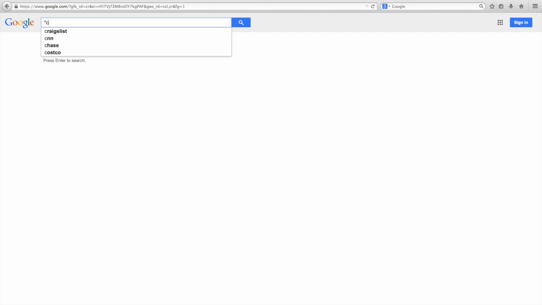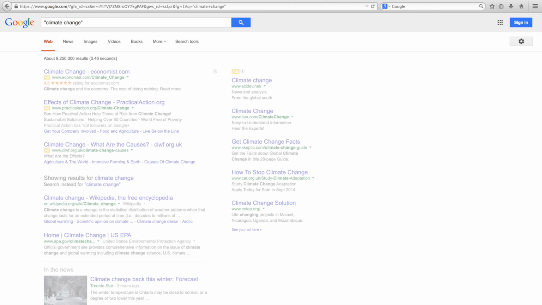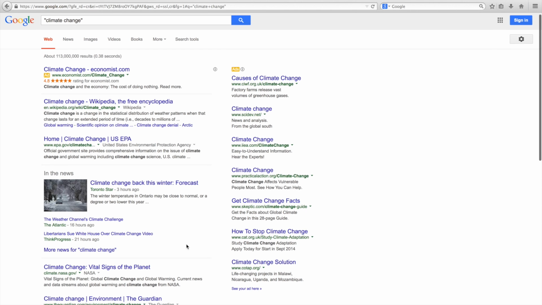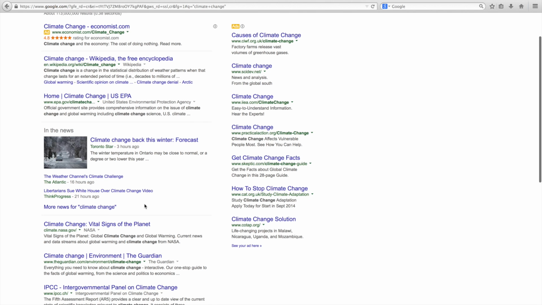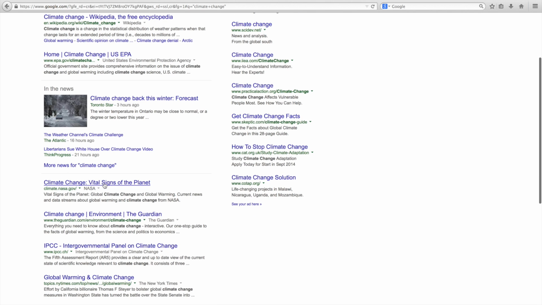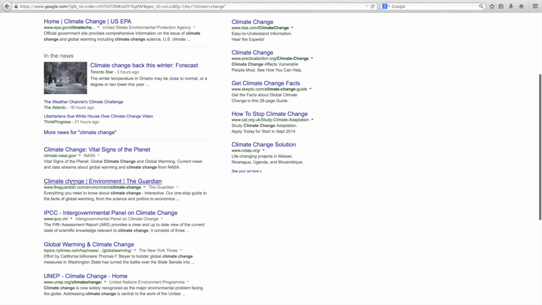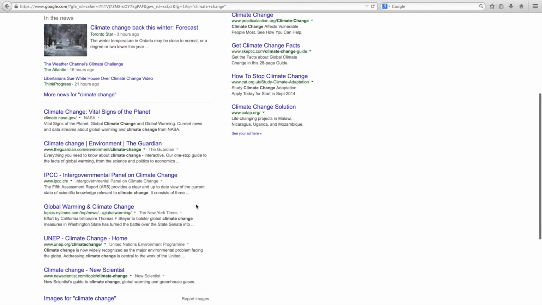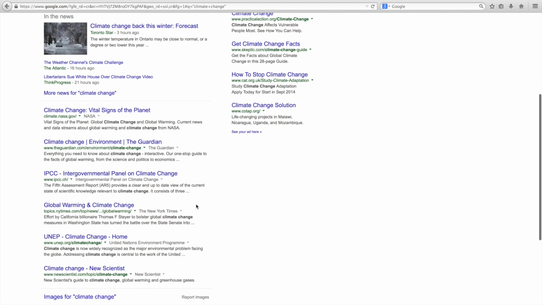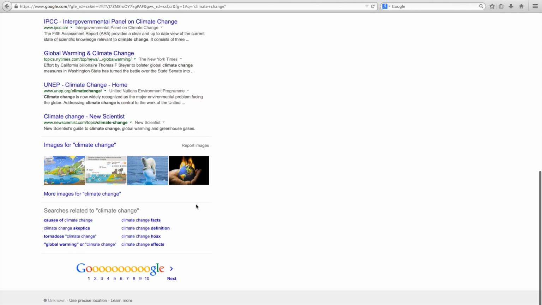For instance, if we query climate change, we can see that the results are dominated by government sites, news sites, NGO sites, and there are hardly scientific or commercial websites.